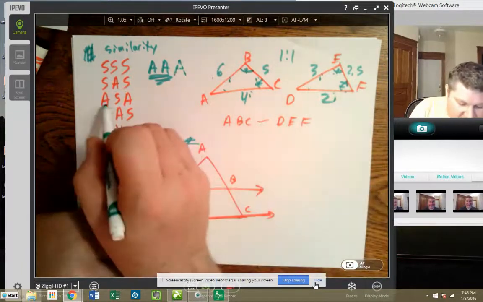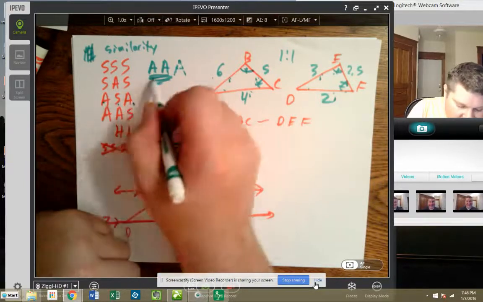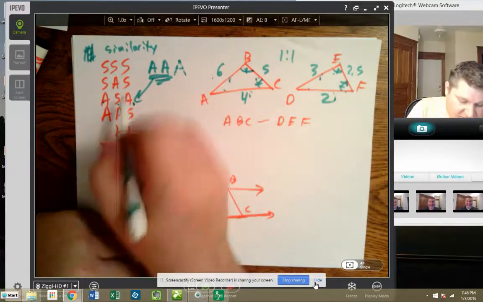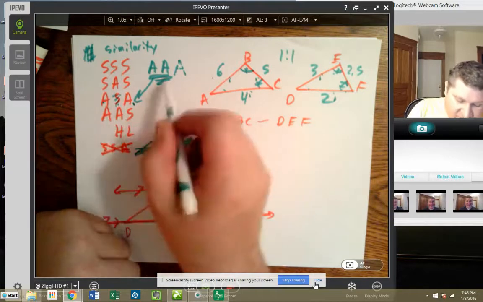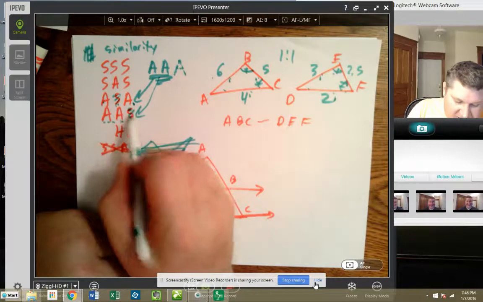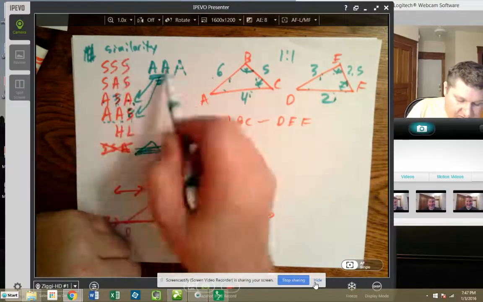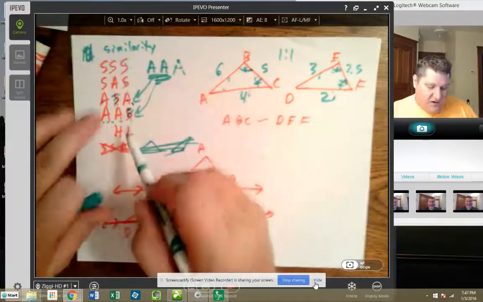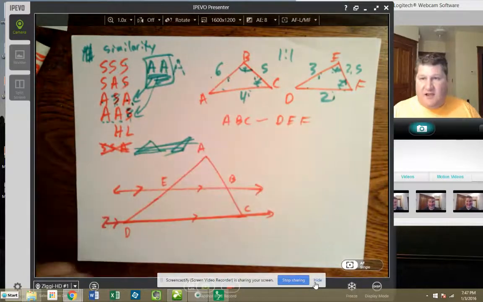So here, if I have the old congruent ones, angle, side, angle, that's good enough to be similar because it already has two sets of angles. The side really becomes extra. If I have angle, angle, side, the same thing happens. Because I already have two angles, the side in essence becomes extra. So all of these are ways to prove triangles are congruent, but all of these are also ways to prove them similar, including a new one, angle, angle.